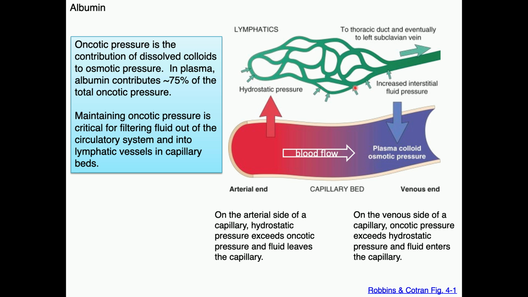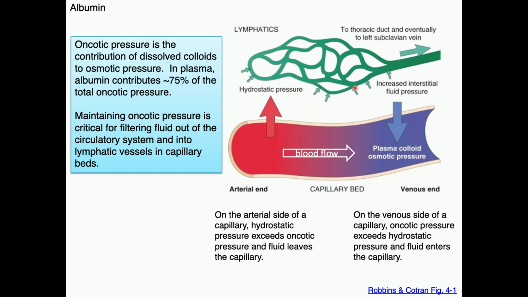And then the other two forces are the oncotic pressure at the venous end and the arterial end of the capillary. So oncotic pressure, this is like an osmotic pressure that is derived from the colloid albumin. Okay, excuse me.